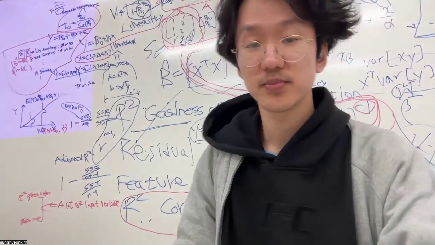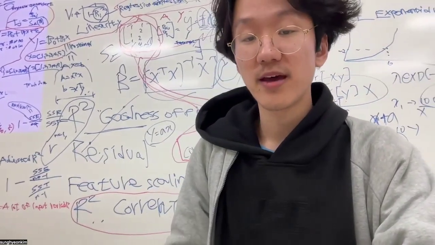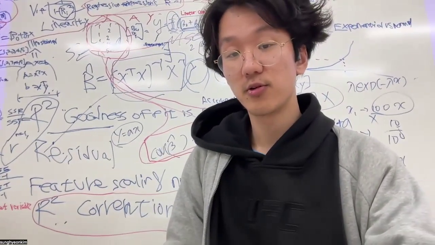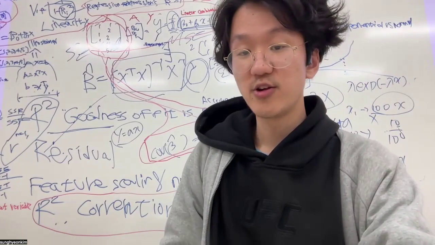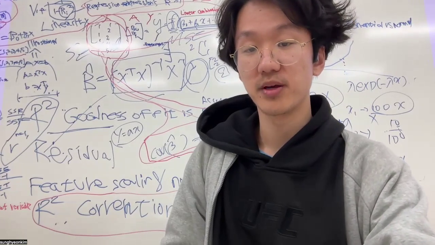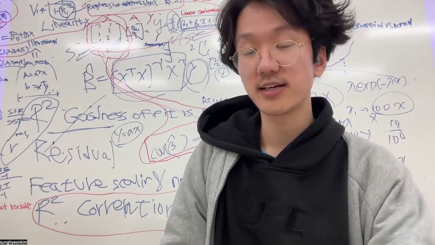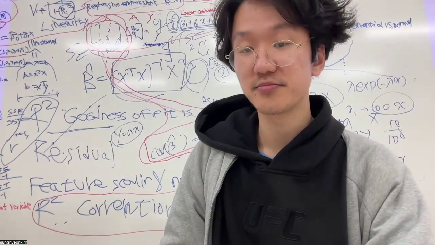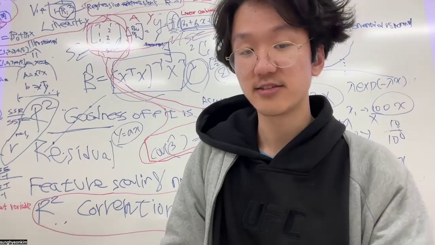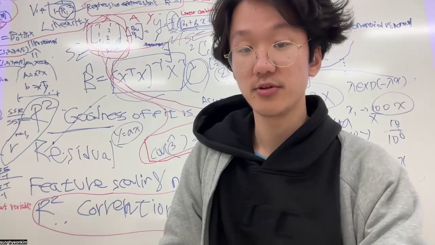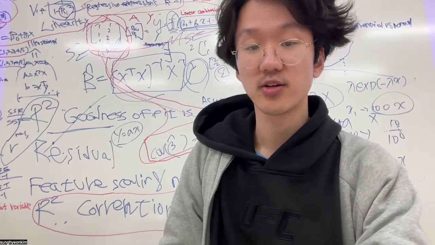Then in this case, beta 1 hat and beta 0 values will be quite similar because x1 and x2 are highly correlated. Explained variance by x2 is also explained by x1, which means the coefficient of x2 is quite unstable.